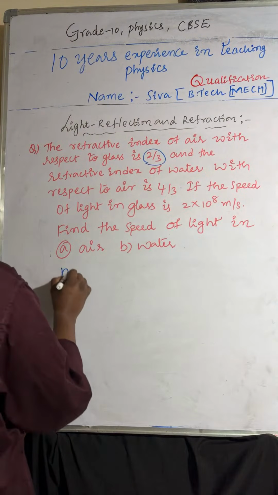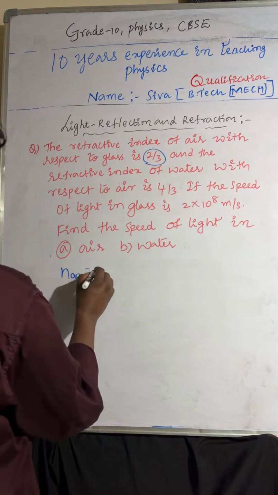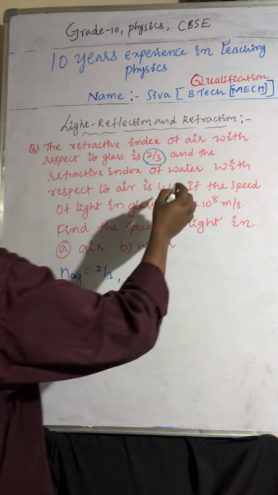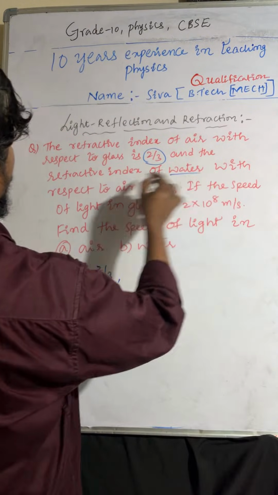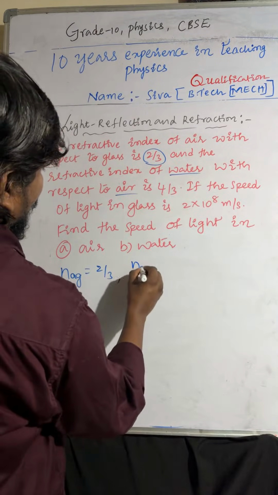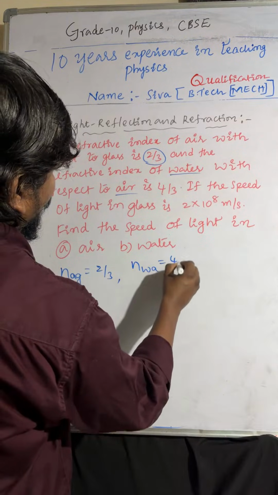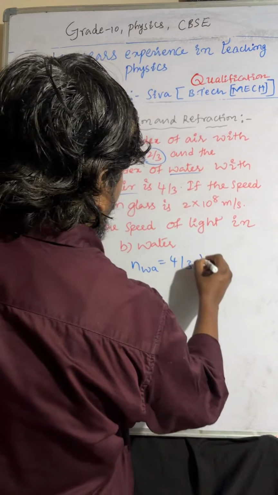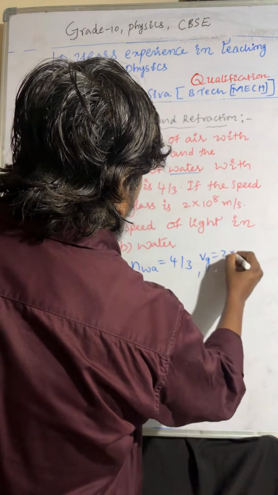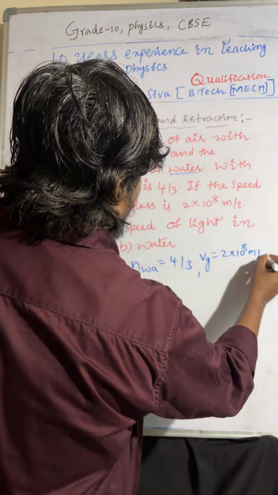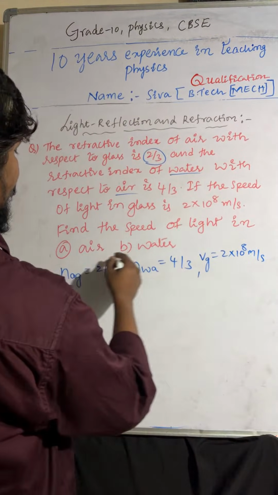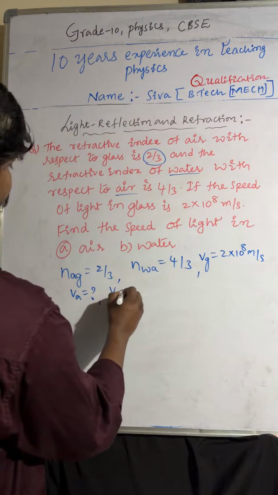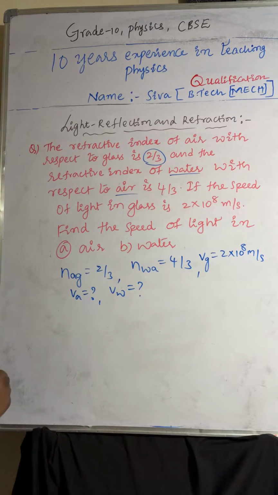I'm writing n air with respect to glass is 2/3, given data, and refractive index of water with respect to air equal to 4/3. The speed of light in glass is 2 into 10 power 8 meter per second, and the speed of light in air and the speed of light in water we have to find out.